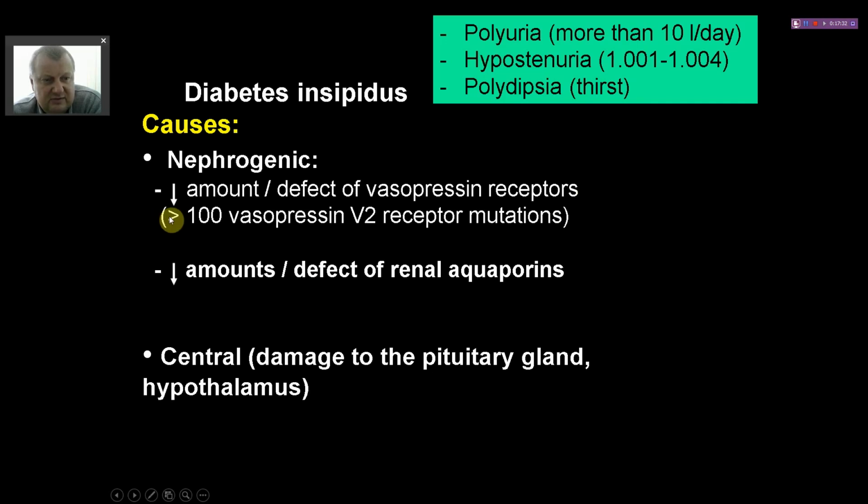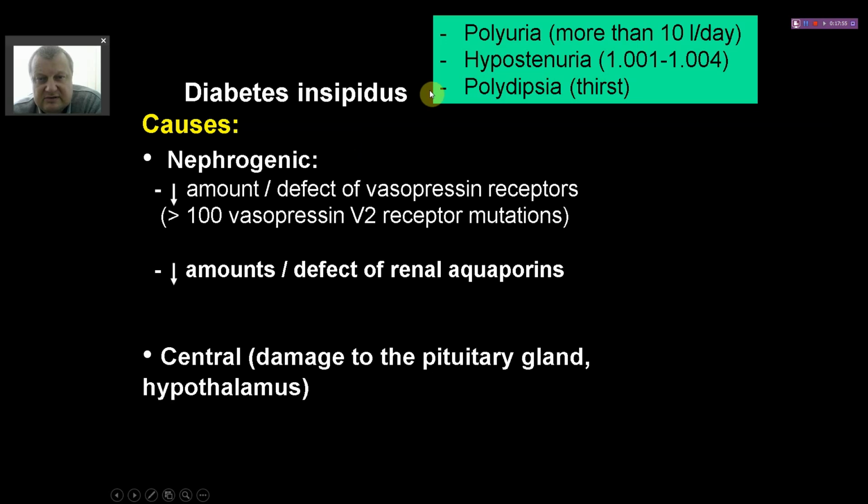It is known that there are more than 100 vasopressin V2 receptor mutations. And the second reason could be decreased amounts or defect of renal aquaporins. And the central causes are damage of the pituitary gland and hypothalamus.